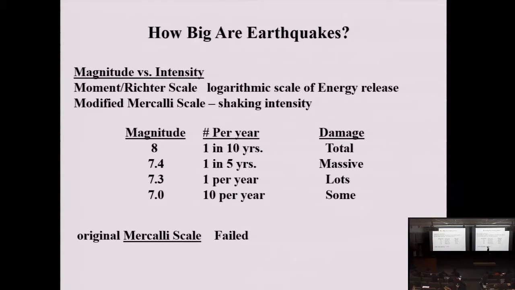So that's why I put in this modified Mercalli scale. We actually still use this, and it's interesting. The USGS, United States Geological Survey, will send out emails to people who live in earthquake-prone regions after an earthquake and ask about their experience. You know, scale of 1 to 10, how much shaking did you feel? Did any dishes fall off your shelves? It's really a qualitative survey about what was your experience.